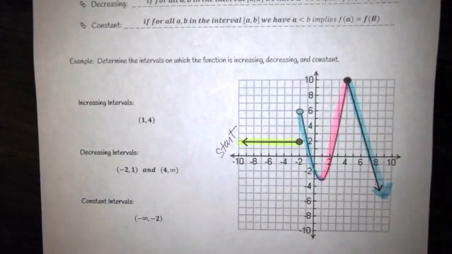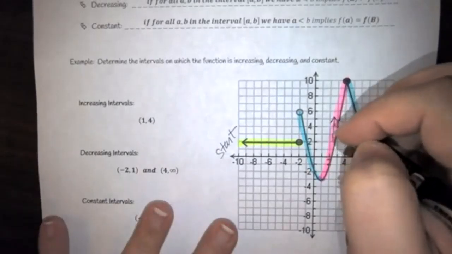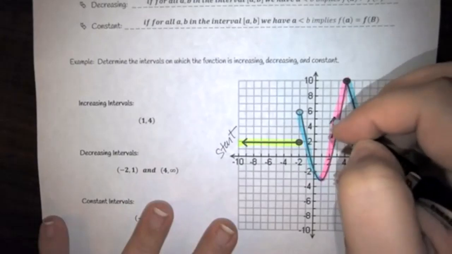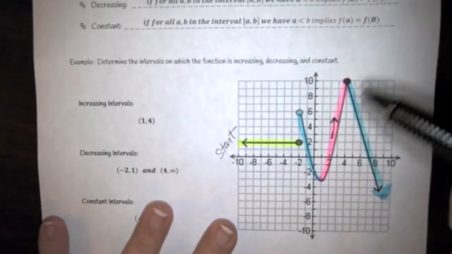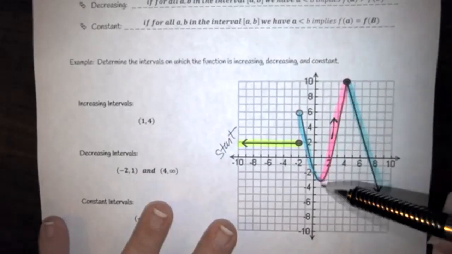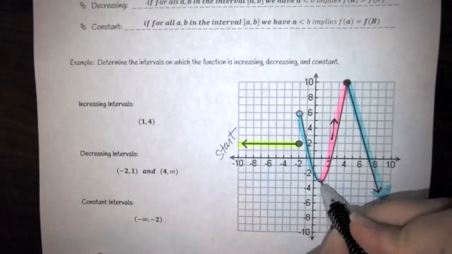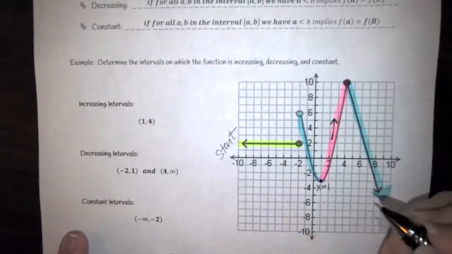So first and foremost, let's look at it. I want to know where I'm increasing. Increasing says I have to be traveling in this direction. Well, the only place I'm doing that is over this interval here, so my pink line. And we're using just the x values. So you see that this is going to start right here when x is 1. So here we're at x equals 1.